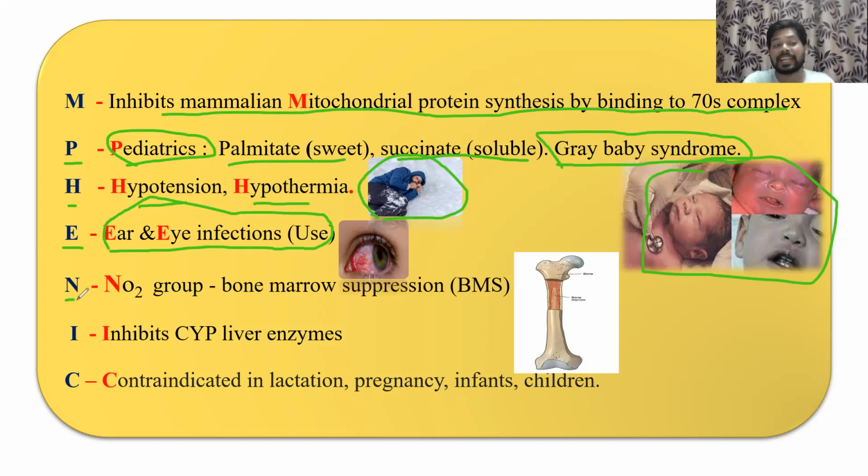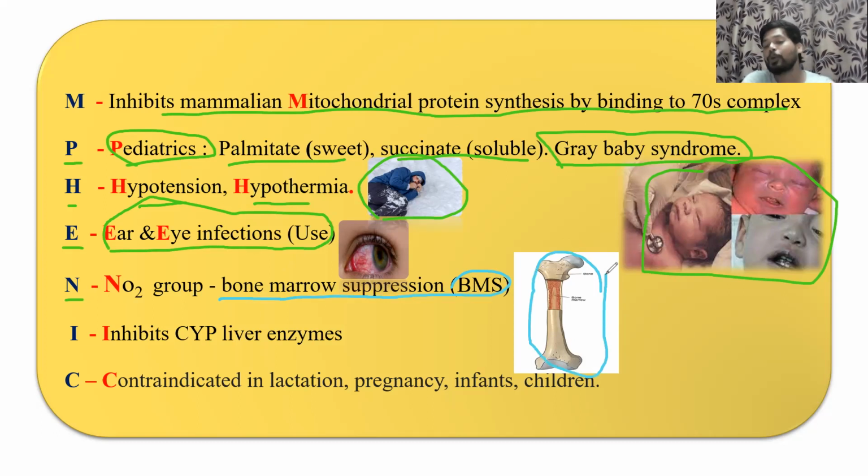Next, the letter is nitrogen. Here the important thing is the nitro group. I already showed you at the start of this video that chloramphenicol contains a nitro group. Especially the nitro group easily penetrates the bone marrow and causes suppression or depression of bone marrow. When bone marrow is suppressed, there is decreased production of RBC, WBC as well as platelets.